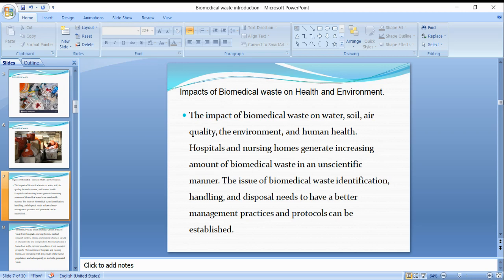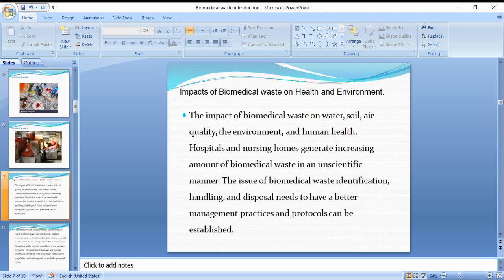Hospitals and nursing homes generate an increasing amount of biomedical waste in an unscientific manner. Nowadays, nearby we can find more than 4 or 5 hospitals. As the population increases, the hospitals and nursing homes also increase, and so the amount of waste keeps increasing.